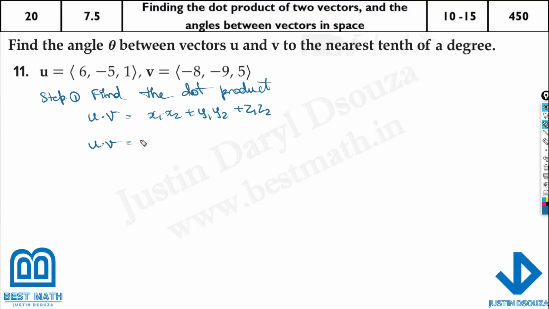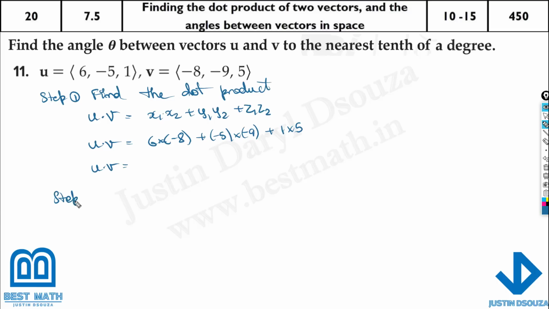U dot product v will be equal to, this is x1, 6 times minus 8 plus minus 5 times minus 9 plus 1 times 5. And you just put in the calculator, you will get it.